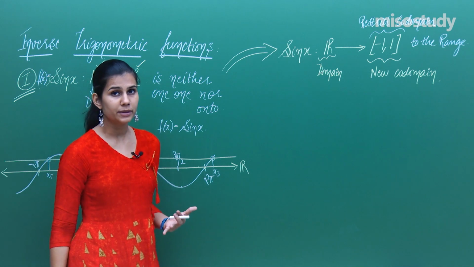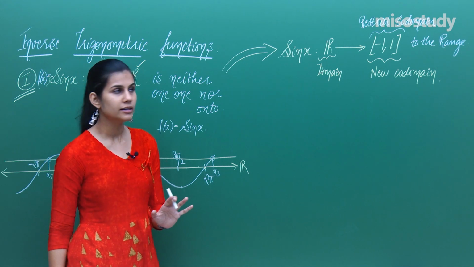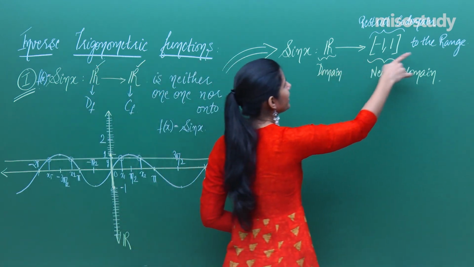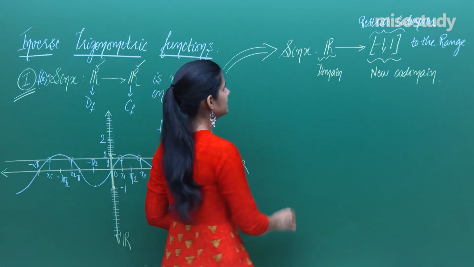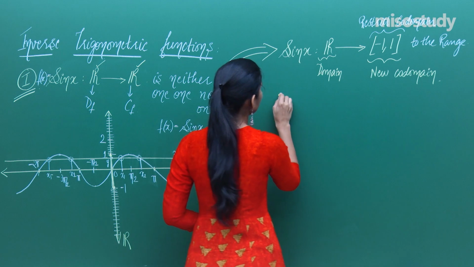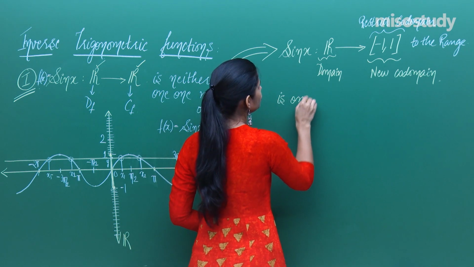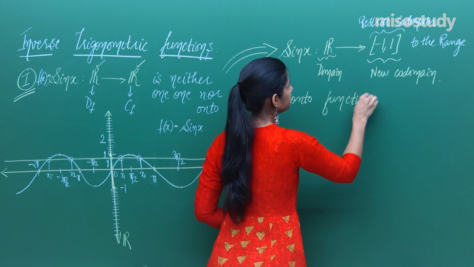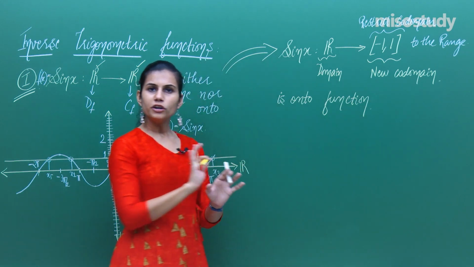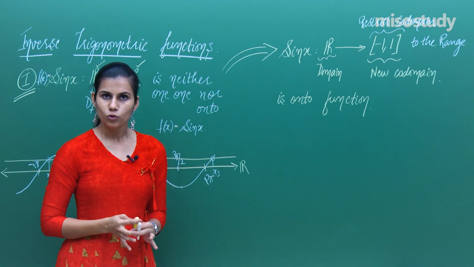In fact, it has so many preimages in the collection of all reals, you know that. So therefore, from R to [-1, 1], it is an onto function. sin x from R to [-1, 1] is an onto function. Clear? So ontoness is treated. Cool.